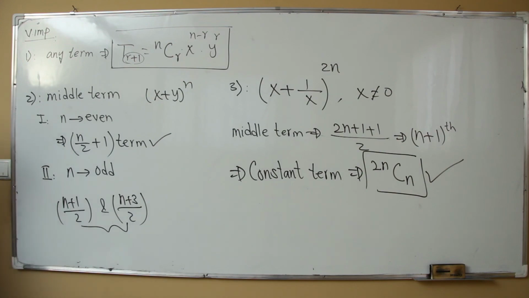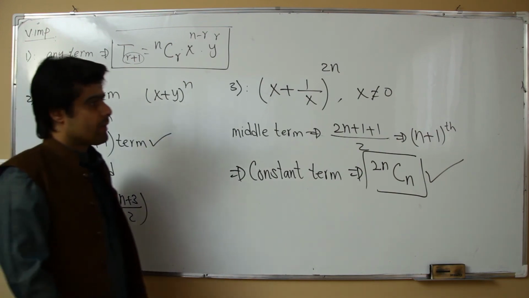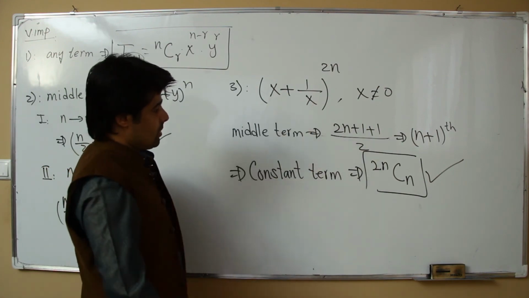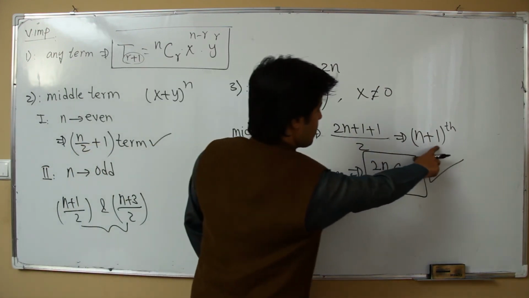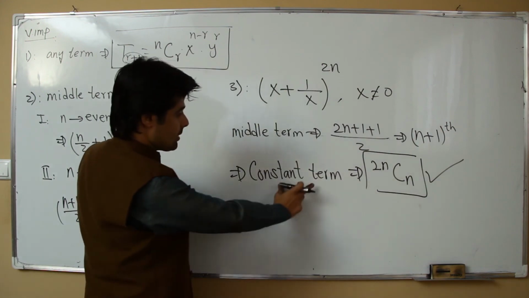If we have (x plus 1 divided by x) raised to the power 2n, where x is not 0, the middle term is the (n plus 1) term, and that is a constant number.